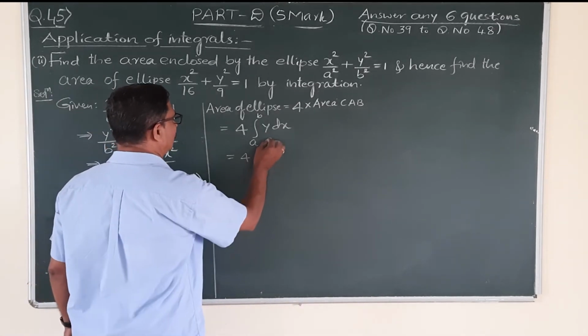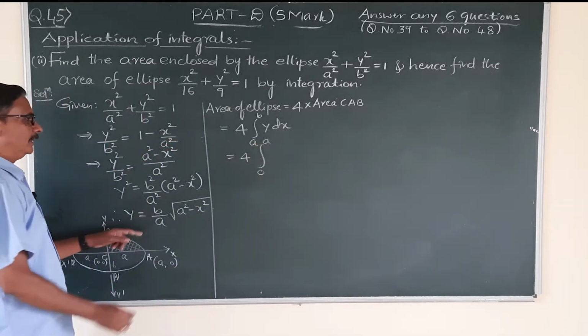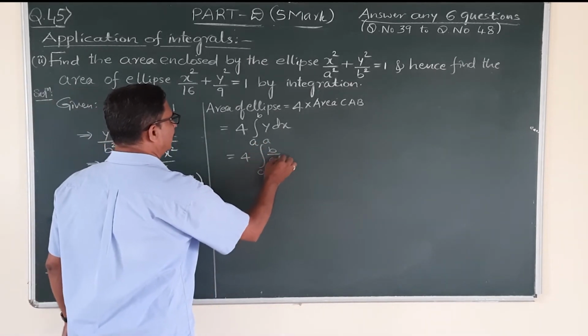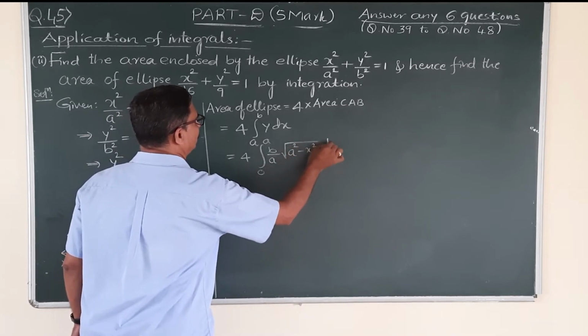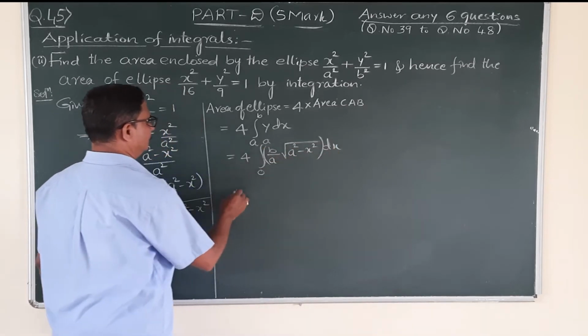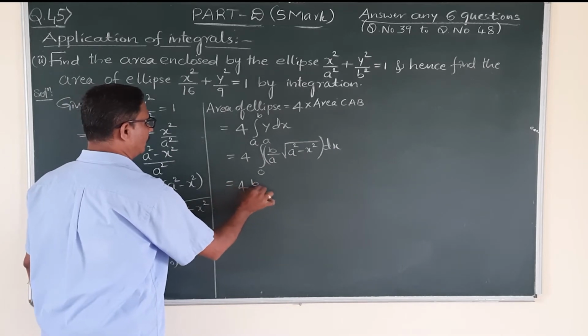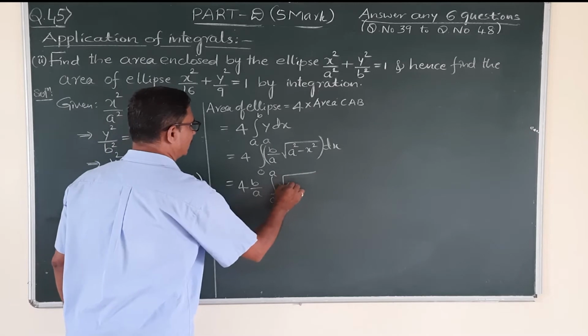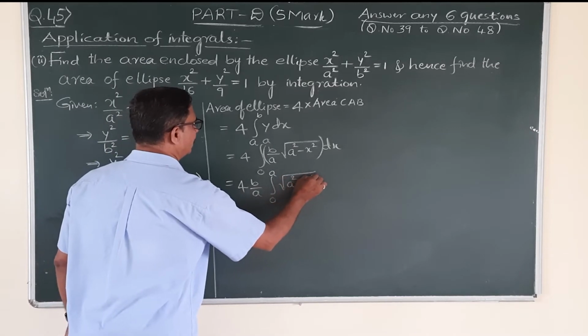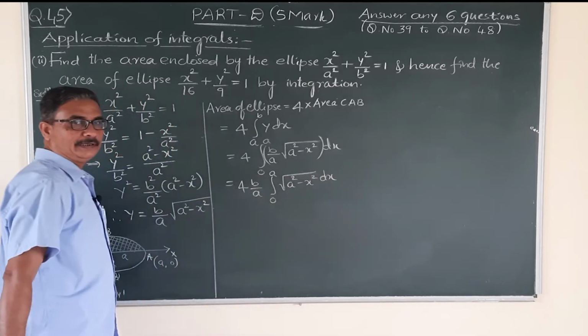So that is 0 to a y dx. What is the y value? b by a under root of a square minus x square with respect to x. Now here b by a is a constant, take it outside the integral from 0 to a of under root of a square minus x square with respect to x.